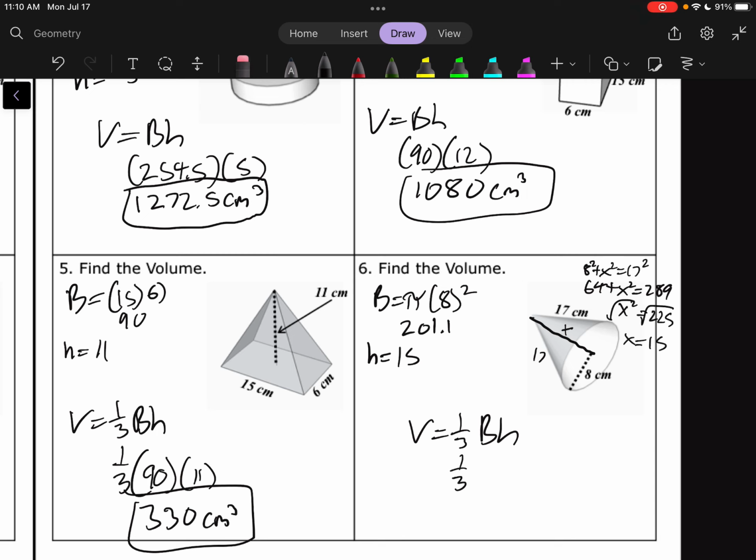So we should have done 1/3 times 201.1 times 15, which gives me 1,005.5 centimeters cubed. All right, hopefully that went well, and that's going to wrap this video up.